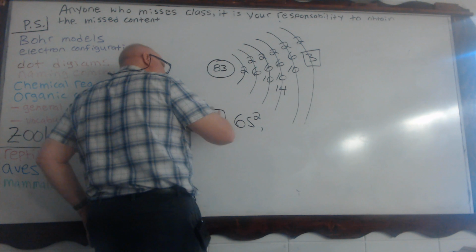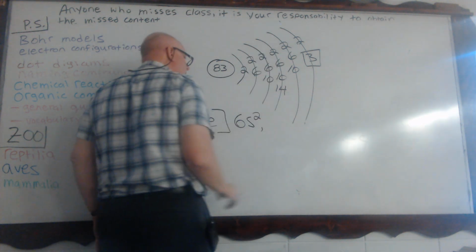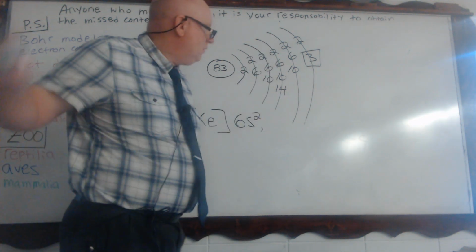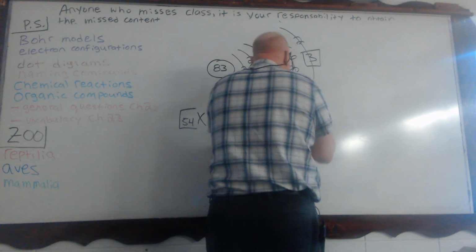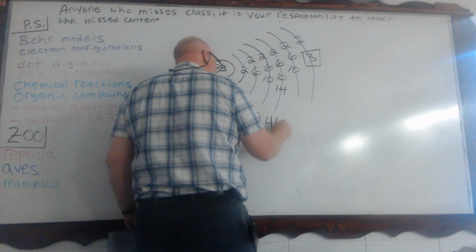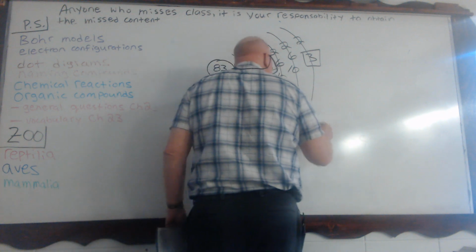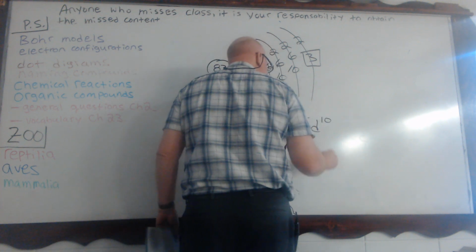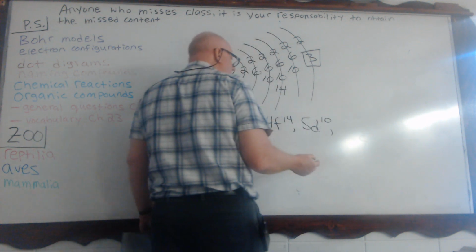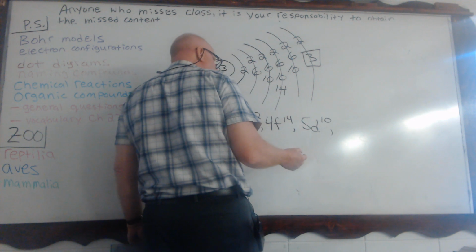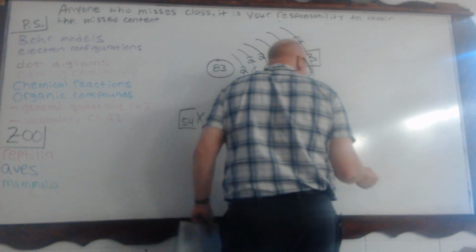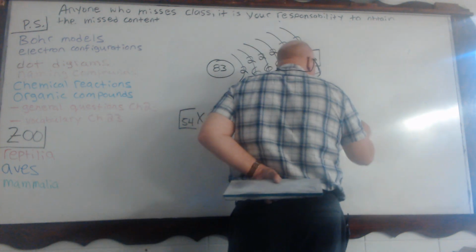Notice we're just going to do a linear depiction of all of those electrons. What comes after 6s2? 4f14. 5d10. And then we just have one more number to put down. 6p3.